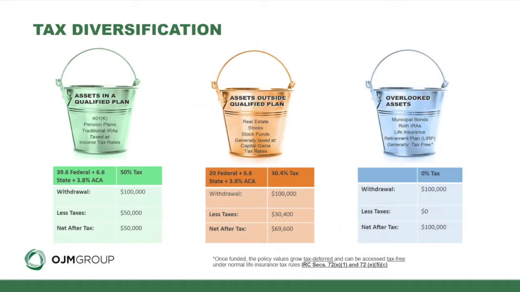So that brings us to the concept of the tax buckets. Please explain that. Yeah, so the idea is to have a diversified approach with your retirement assets, obviously. We also want to do that within those assets from a tax standpoint. So if you look at the 3 buckets here, the first being the green bucket is what we would call the income bucket. So think about your 401ks, traditional IRAs, any pension, anything like that.